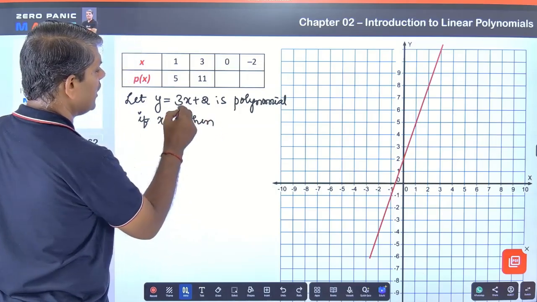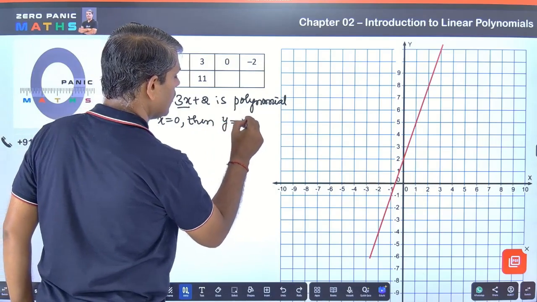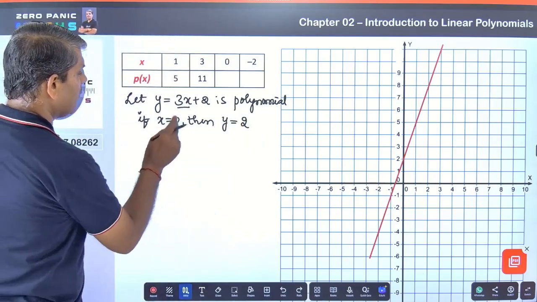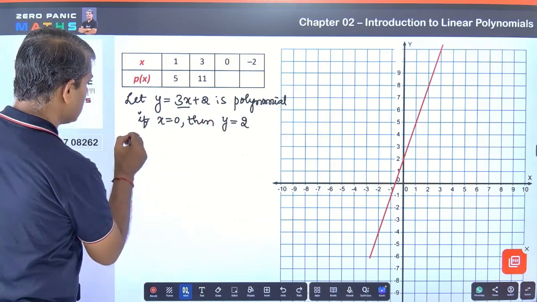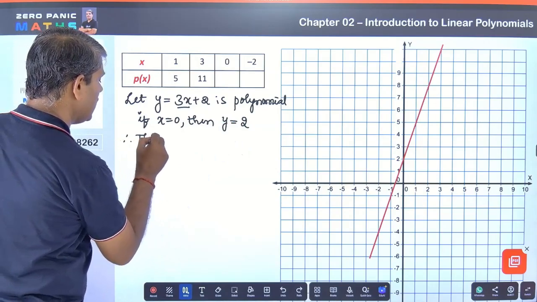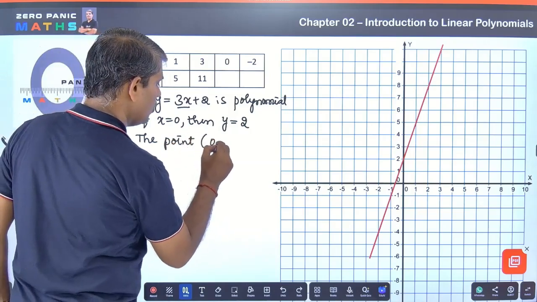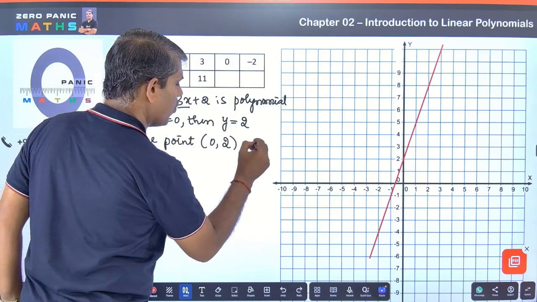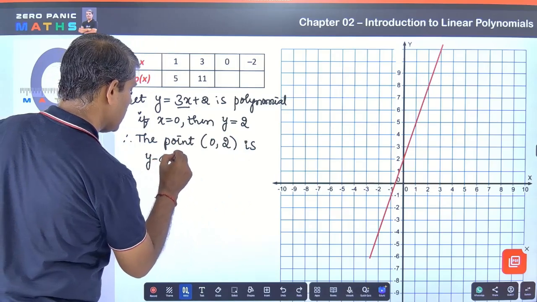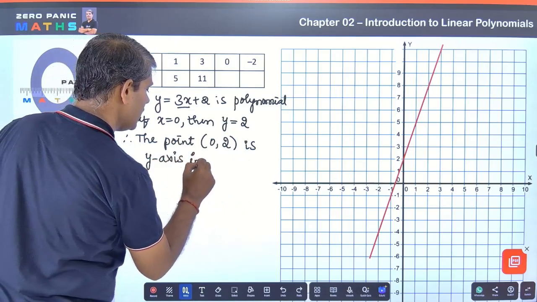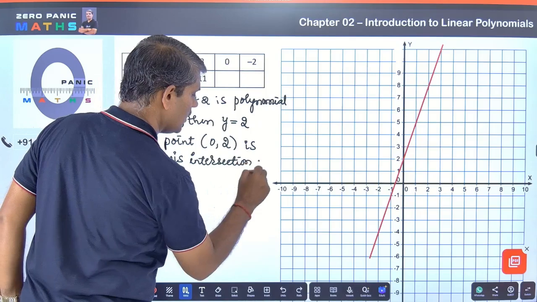This term will become 0 and y is equal to 2. So the point (0, 2), see, x is equal to 0, y is equal to 2, therefore the point (0, 2) is the y-axis intersection point.